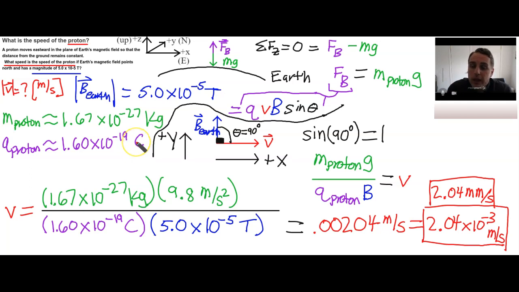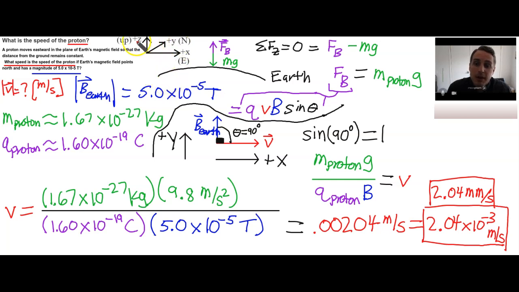Well, we need to set up a coordinate system. If the charge is moving eastward, let's call that the positive x direction. The Earth's magnetic field is northward, so it points in the positive y direction. The x direction is the direction of the proton movement, and the y direction is the direction of Earth's magnetic field.